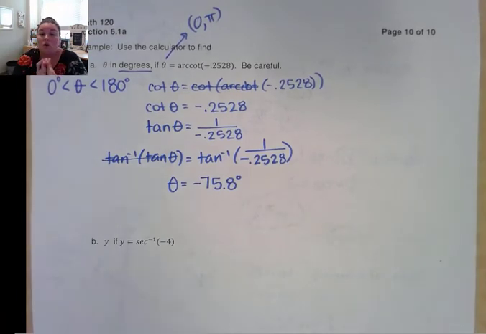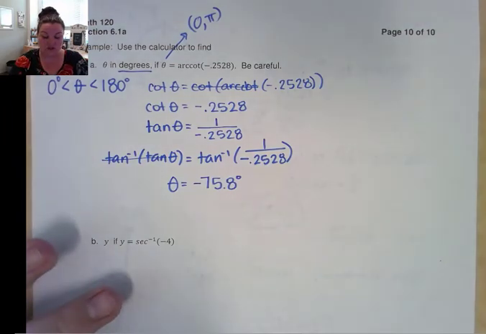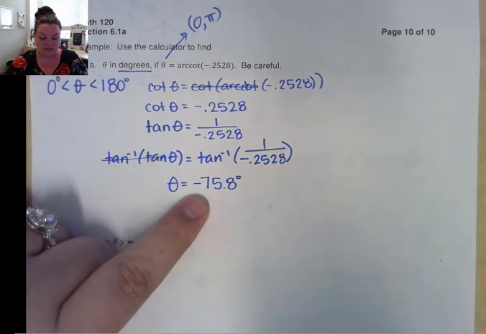So what we just figured out is the angle measure for tangent. Now, our original problem started out with cotangent, not tangent. So let's think about this for a second.